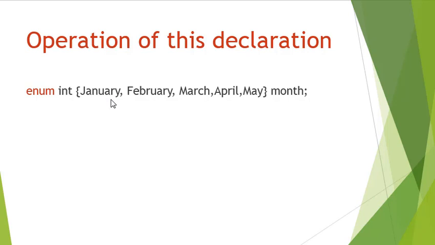If we declared any values, those would be taken. In this declaration we have not declared any values for this list, so January will take the value 0, February will take the value 1, and likewise consecutively March, April, May will take the values.